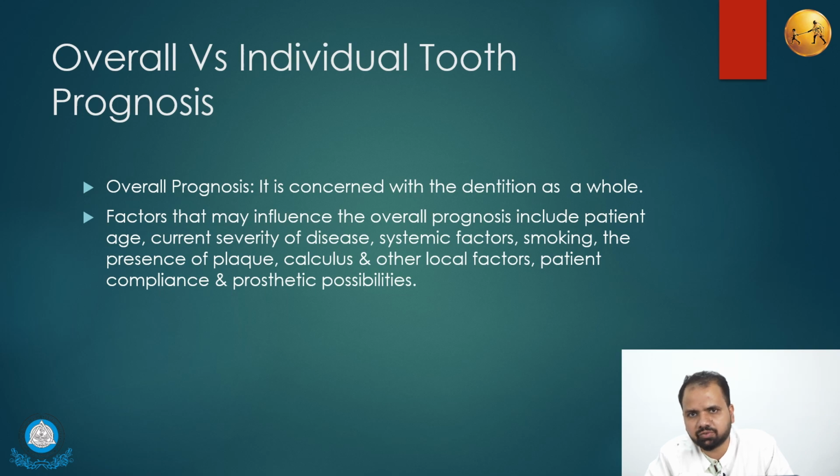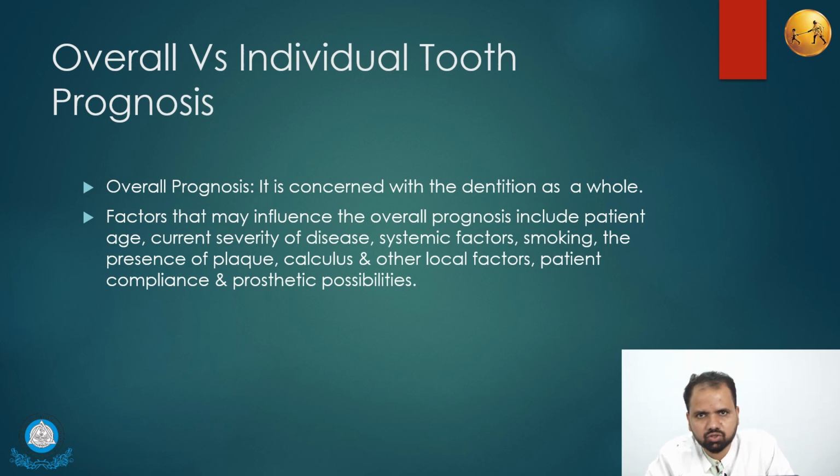Then the second would be systemic factor, which is the most important consideration in overall prognosis. So diseases such as uncontrolled diabetes might affect the outcome of the treatment plan or the progression of the disease. And then habitual factors such as smoking, which again has detrimental effects on the periodontium. So again, that will affect the overall prognosis of the patient.